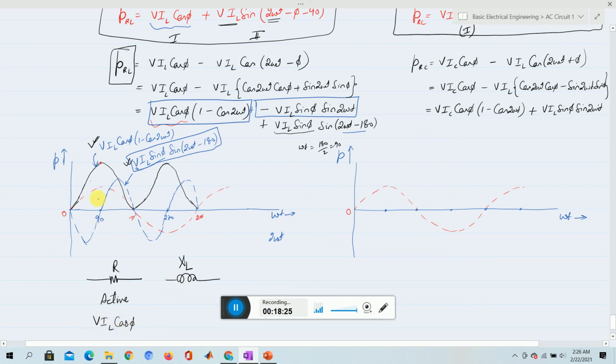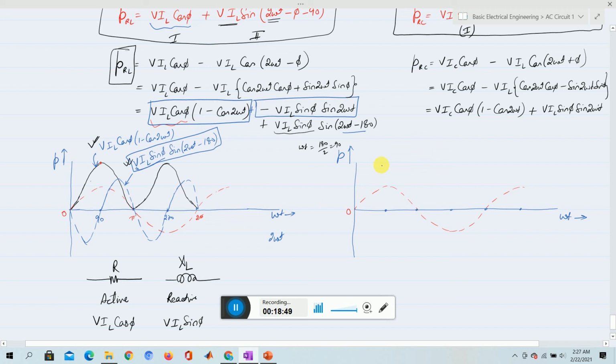Also we get another waveform which is the pattern of an inductor if only that was there. So this component will be called the reactive component, VIL sine of phi, because that's the maximum value. So this is the maximum value of the active term, and this is the maximum value of the reactive term.